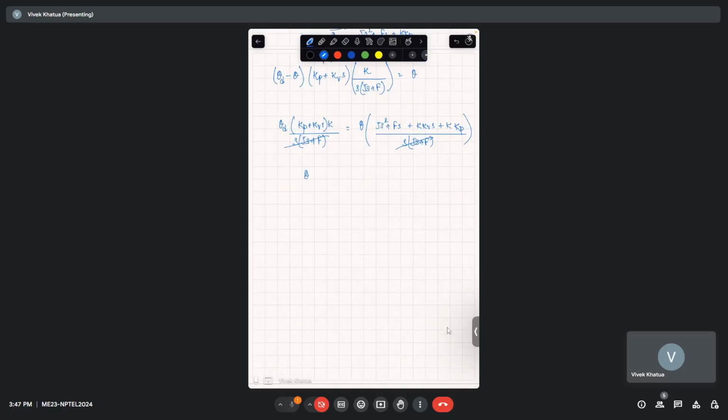You would have theta by theta d equal to (K Kp plus K Kv s) divided by Js square plus (F plus K Kv) times s plus K Kp. Similarly, you can do this for your integral control and get another expression like this. Anyway, we'll just stop here.